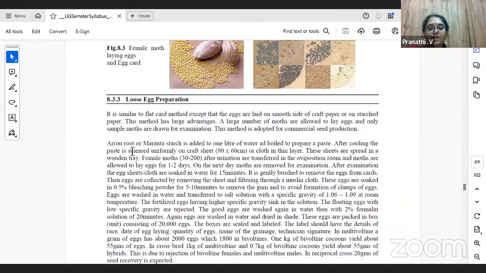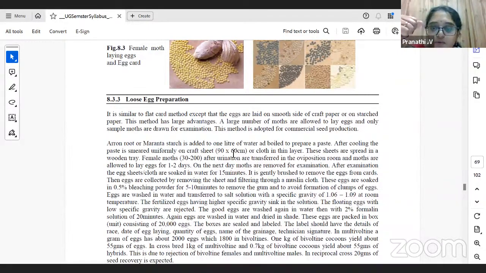Arrowroot or maranta starch, which you get in most places, is added to create a paste. It is a very organic gum paste. Then these sheets are spread on the wooden tray, and the moths are taken for urination and transported into the oviposition room.